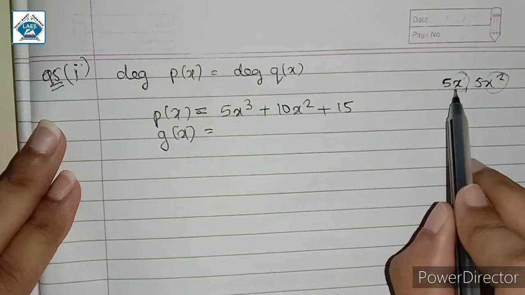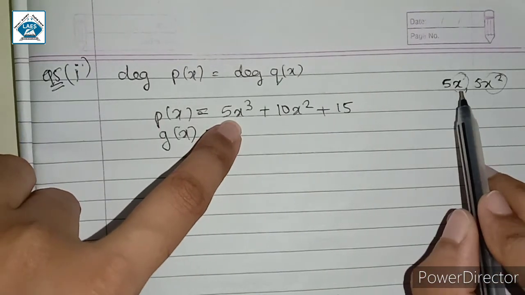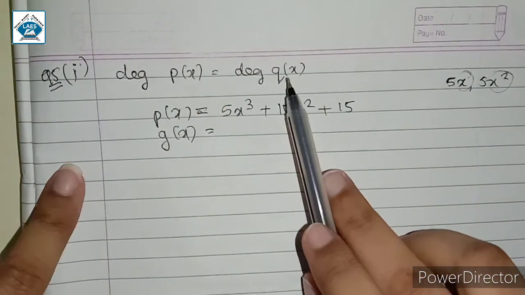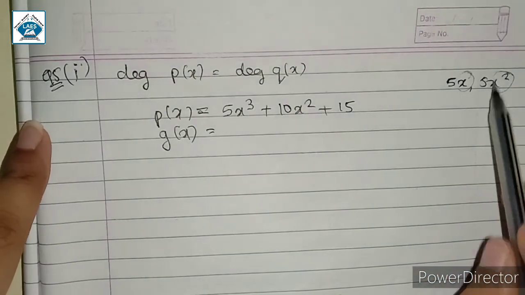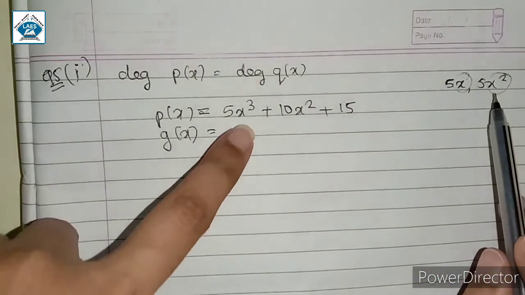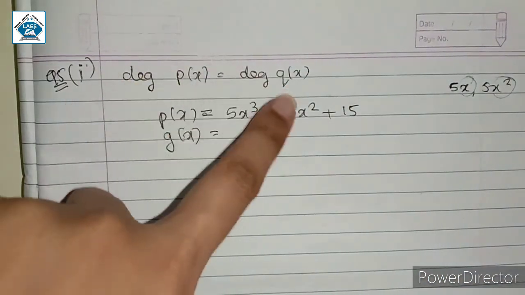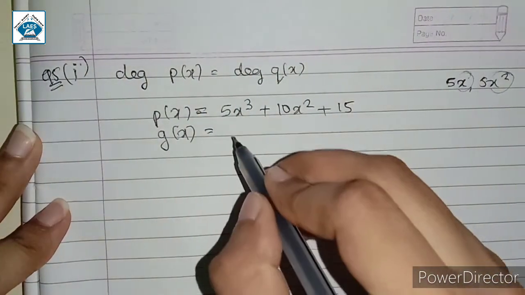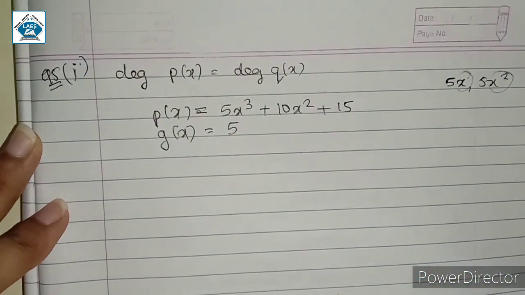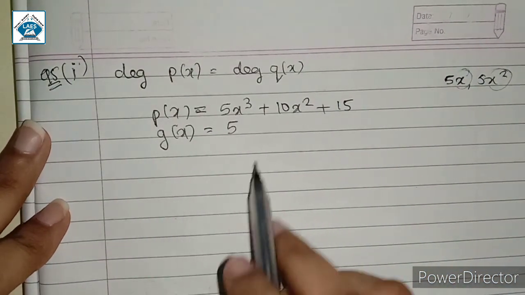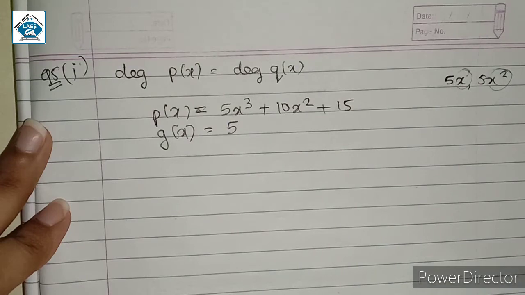That means when we take 5x, then we will divide x cube with x. That means the first term of the quotient will be x square. Similarly over here, when we take 5x square, the first term of the quotient will be x. So this condition won't be satisfied. So for that we need to take a constant polynomial, for example 5, which does not have any variable.